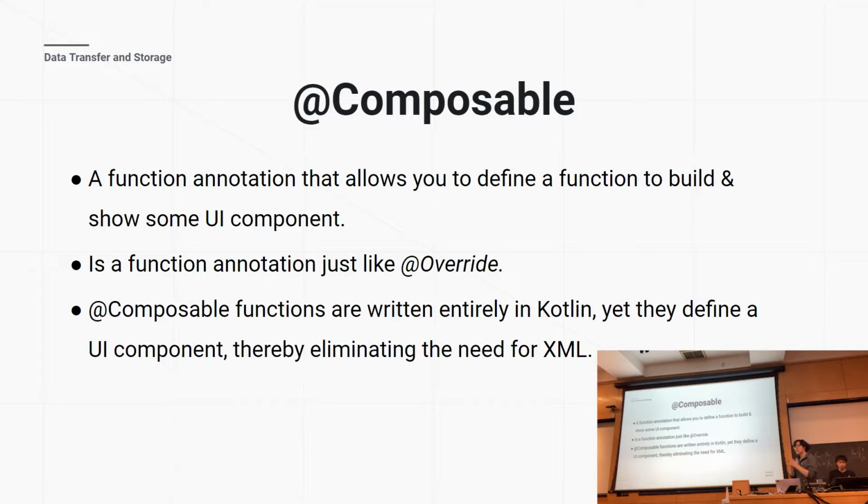To talk a little more about how the composable works, it is a function. One of the benefits of making it a function is that you can re-render, so your function reacts to what happens within the UI.